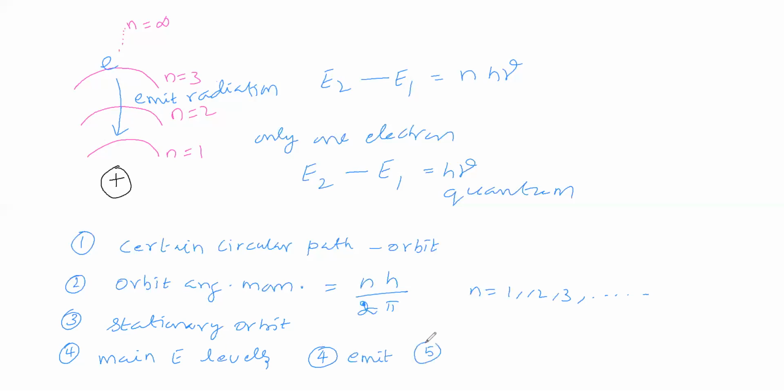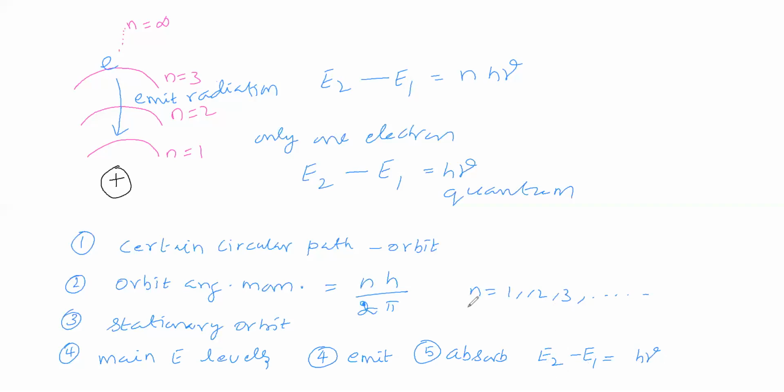When an electron jumps from a lower energy level to a higher energy level, it will absorb radiation. The difference in energy levels, higher energy level minus lower energy level, is equal to h nu, for only one electron. So E2 minus E1 is equal to h nu.